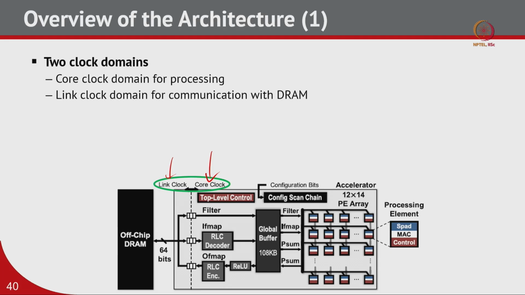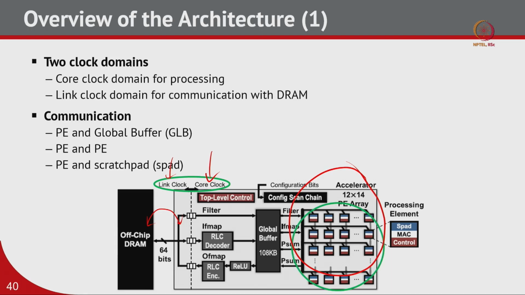In Eyeriss they have 2 clock domains, link clock and core clock. Remember the core speed can be different from the DRAM speed. That is why they have 2 different clocks: one operates between the DRAM and the accelerator, and another separate clock drives all the internal processing in the accelerator.